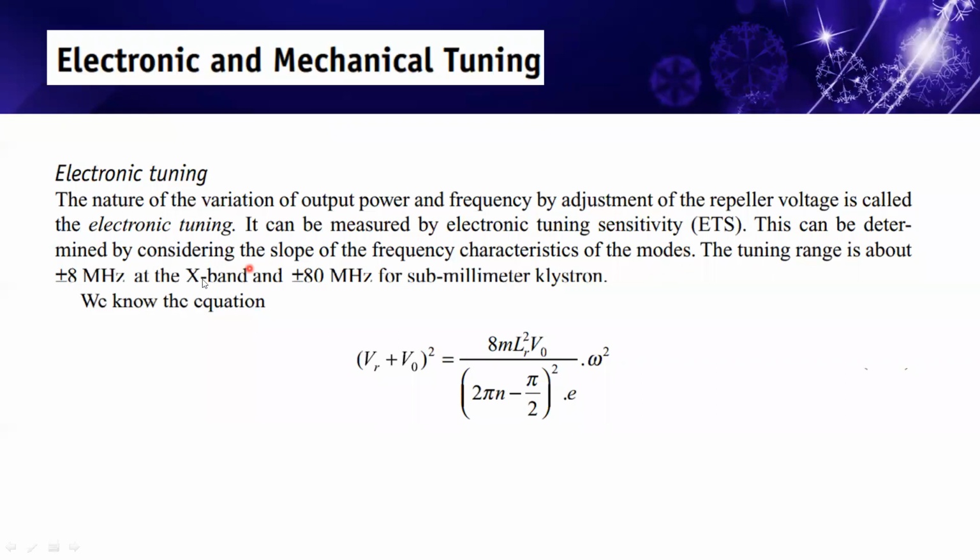This electronic tuning varies plus or minus 8 megahertz for the sub millimeter frequency band and plus or minus 8 megahertz for X band microwave operation. Generally this electronic tuning can be represented in equation form, VR minus VR, VR plus, which is the electronic tuning information.